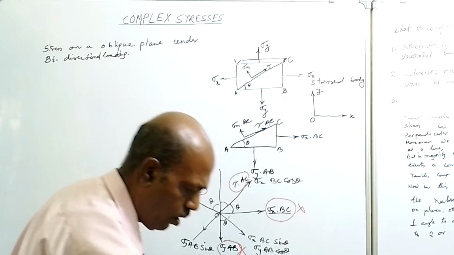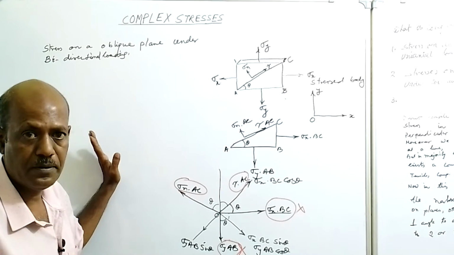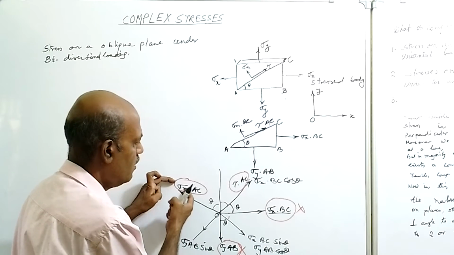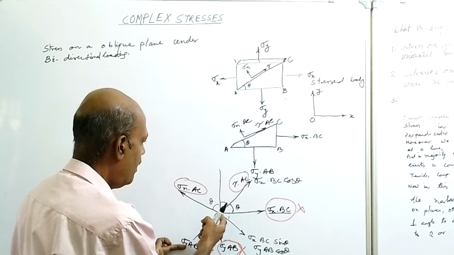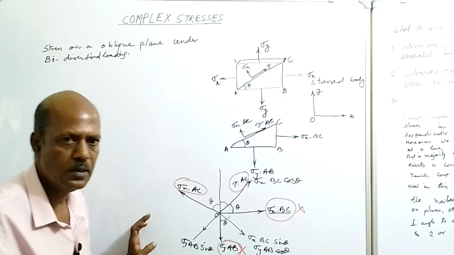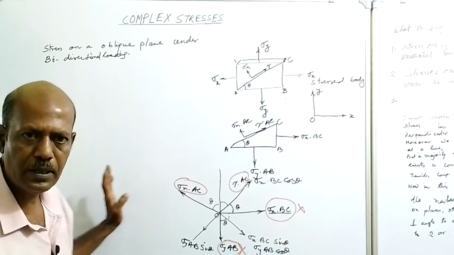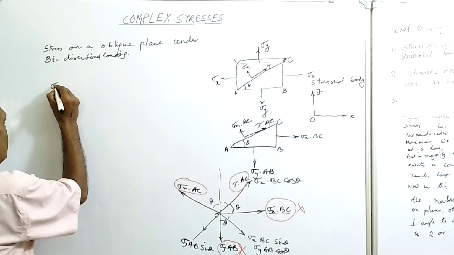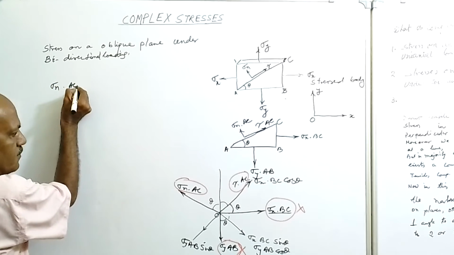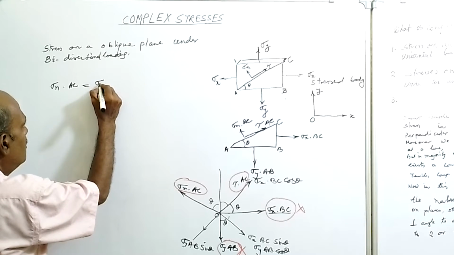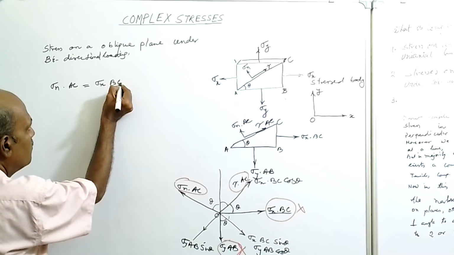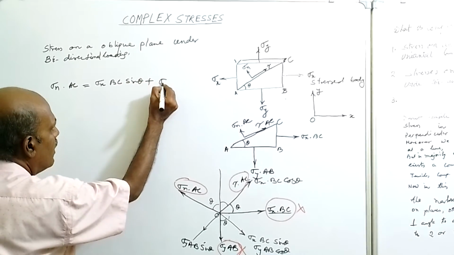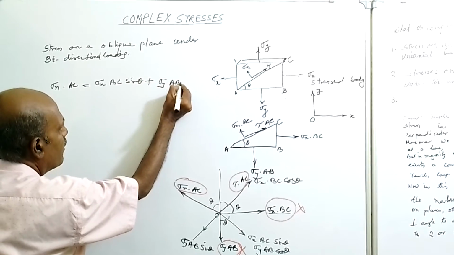Now for equilibrium of this element, along this direction the forces will be equal and along this direction the forces will be equal. Now balancing the forces along the sigma n direction, we get sigma n into AC equal to sigma x BC sin theta plus sigma y AB cos theta.